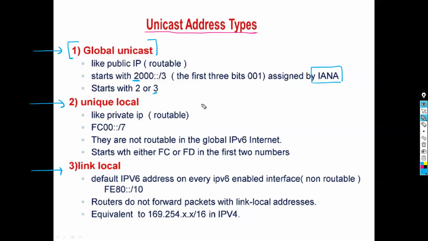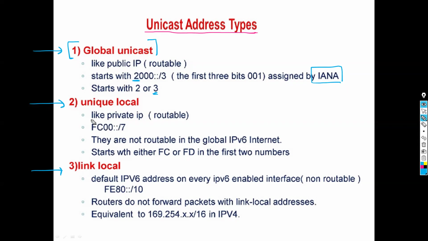So in a real network, if you have a public IP version 6 IP, it always starts with 2000 or 3000. If you see an IP address anywhere which starts with 2000 or 3000, you can say it's a global unicast IP, or a public IP.